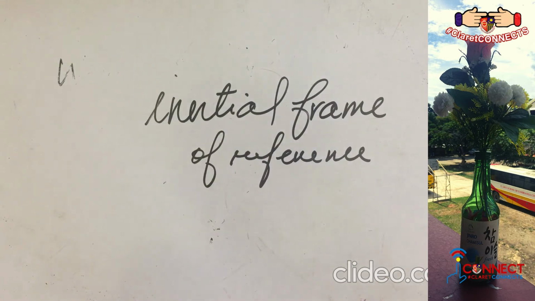We say inertia is a tendency of the object to be at rest or to be in a constant velocity. When the object accelerates, then that object is no longer in an inertial frame of reference.